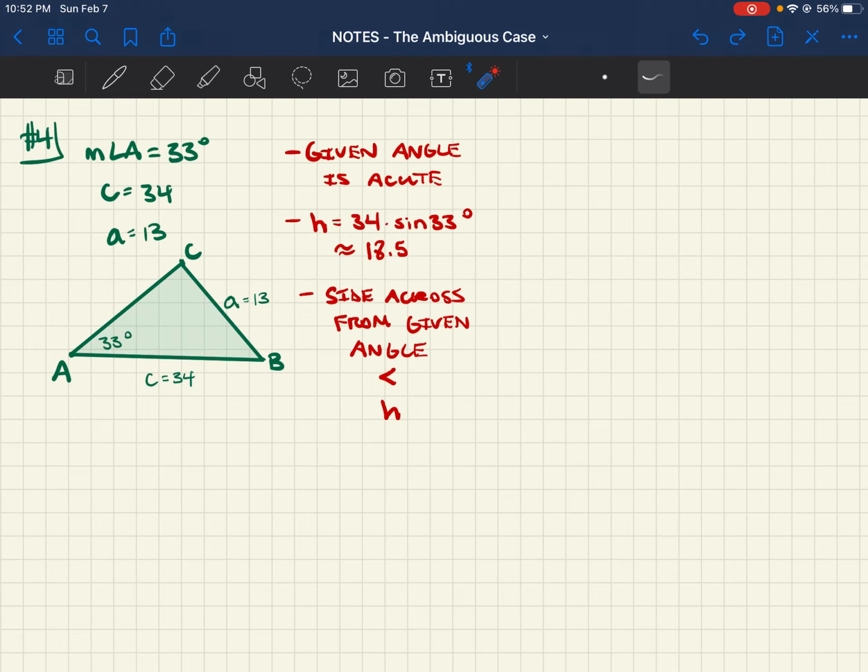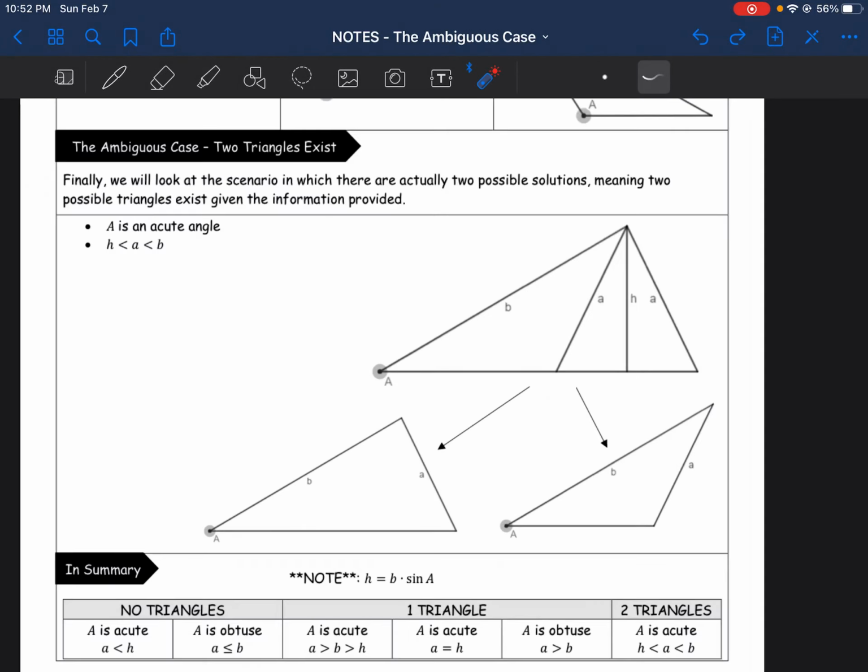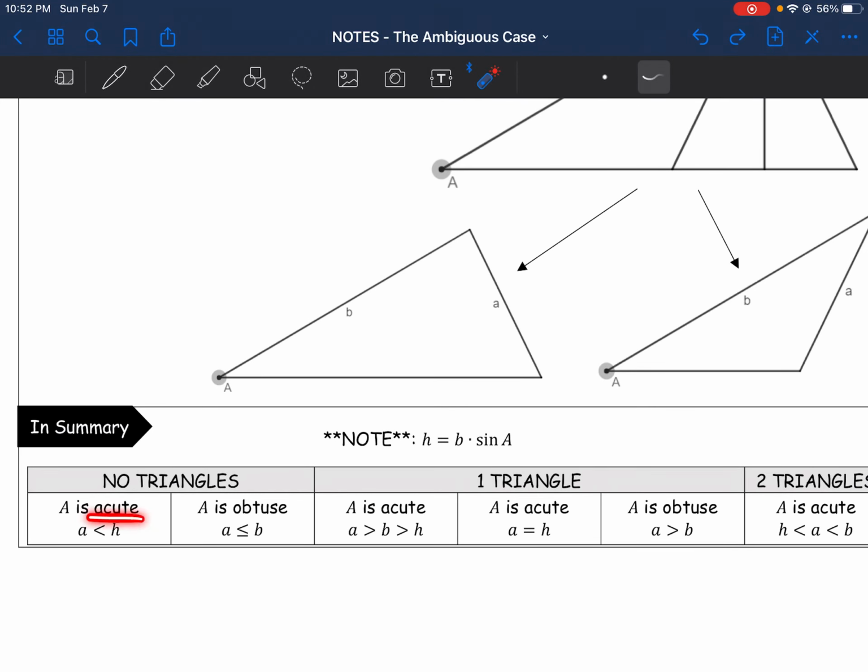This is one of those scenarios where, when you're given an acute angle as one of your given pieces, you want to go ahead and solve for h. Because if you look back at the little table, notice that for every acute angle, h is part of the calculation.